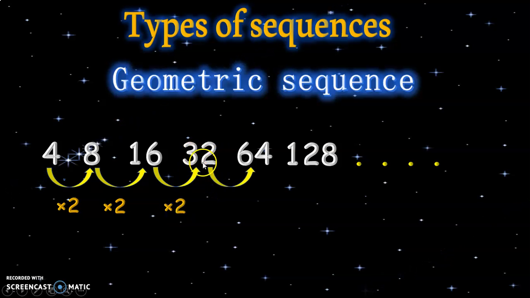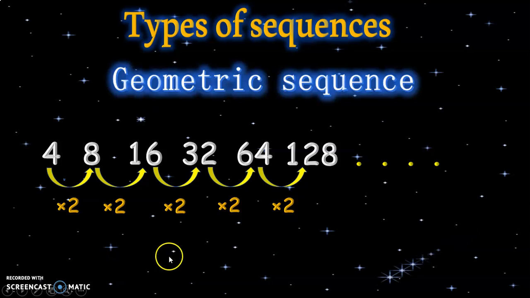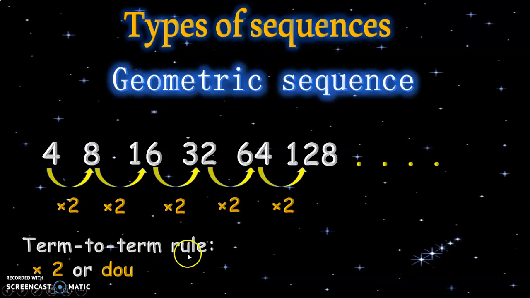Again, 32 to 64 is multiplied by 2. 64 and 128, we multiply by 2. So in this part, the term-to-term rule is times 2, or we can say we double the number to get the next term.